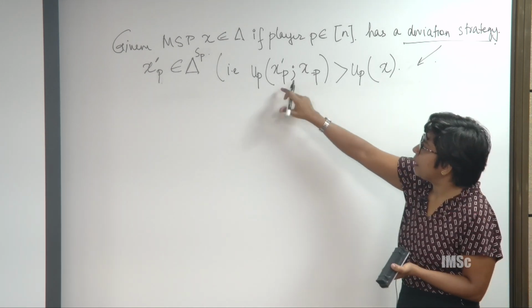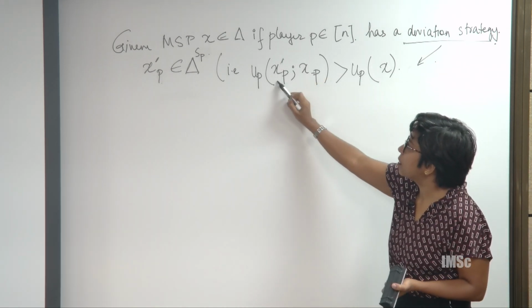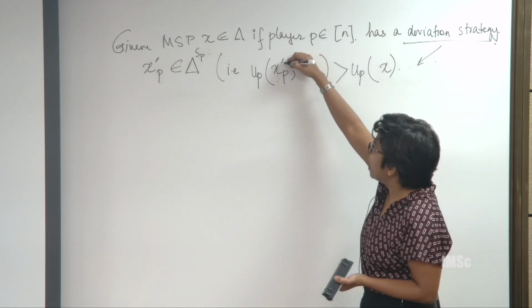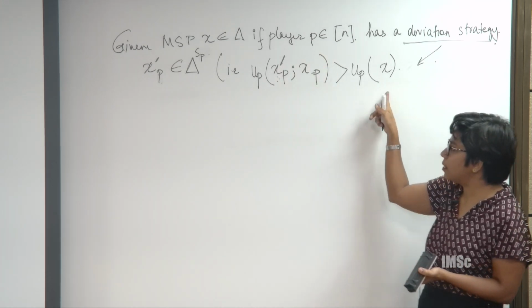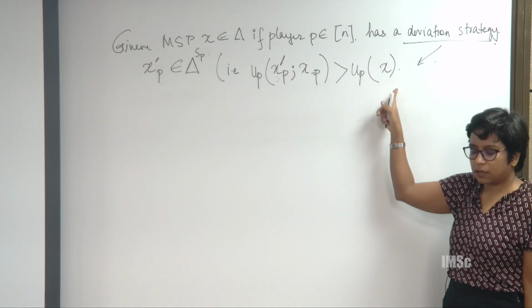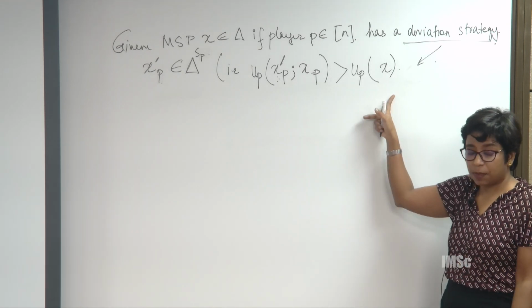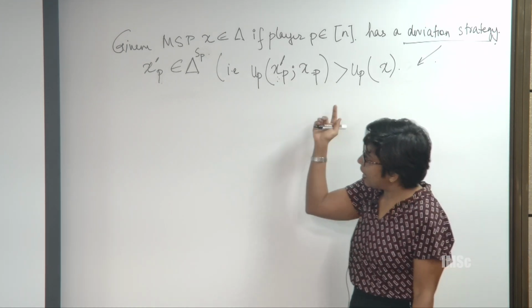That there is something he can do, this is also a distribution by the way, that he can switch from XP to X prime P and he gets a strictly better outcome than what he was getting when he, along with everybody else, was playing X.